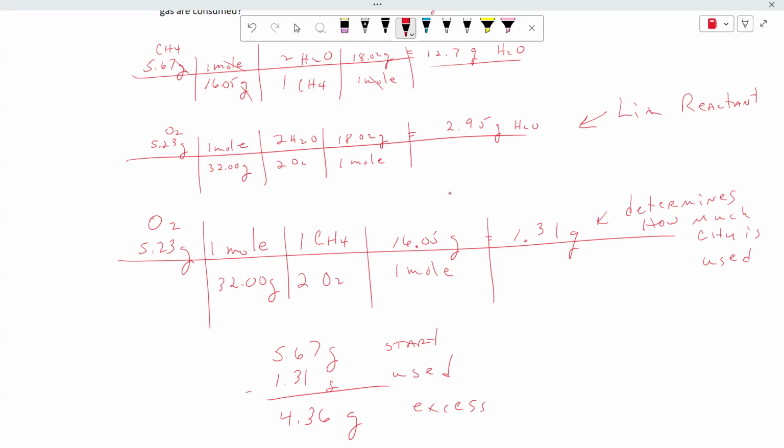So we start with the limiting reagent, in this case, it's the oxygen. And what we're trying to calculate now is the amount of methane used, 1.31. We started with 5.67, so we subtract the 1.31 from the 5.67, giving us how much excess we have. That's a limiting reactant problem. Fun, huh?